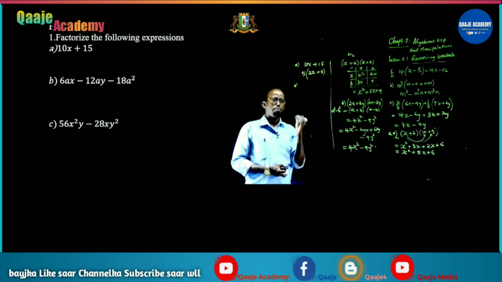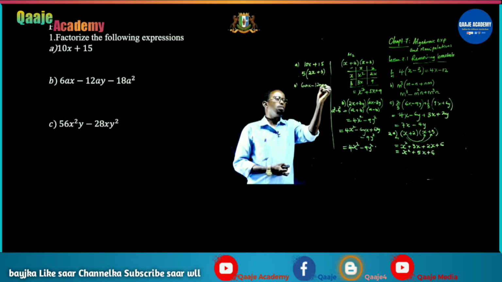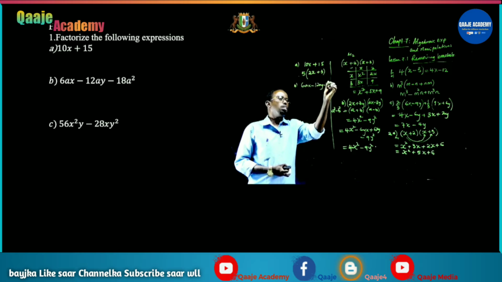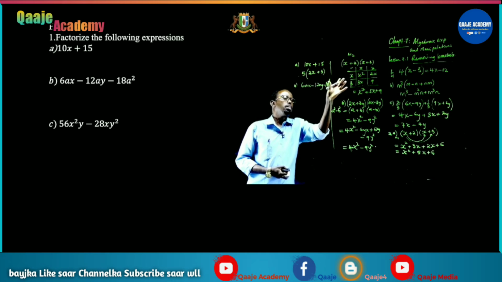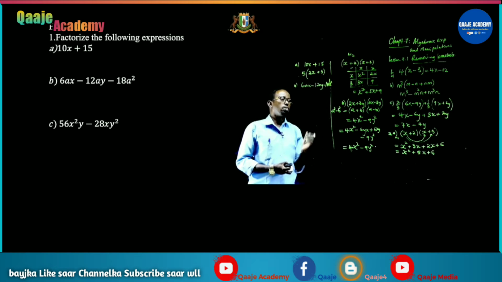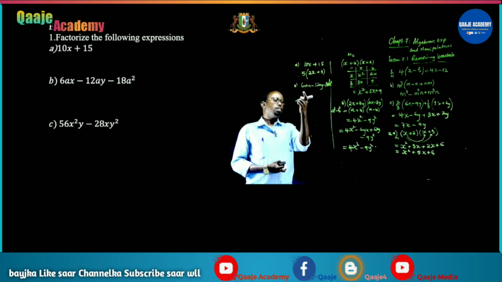B: 6ax minus 18a squared, I'm sorry, this is 18a squared. So the answer will be, they have common factor 6 and then a.